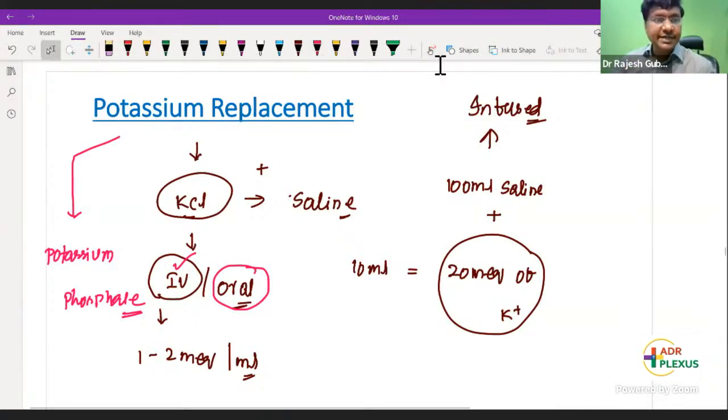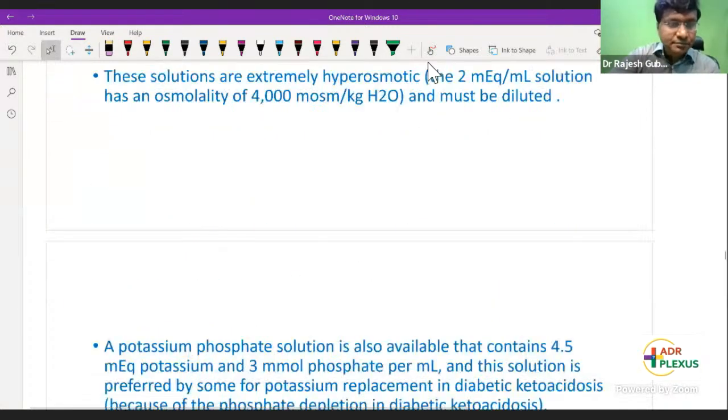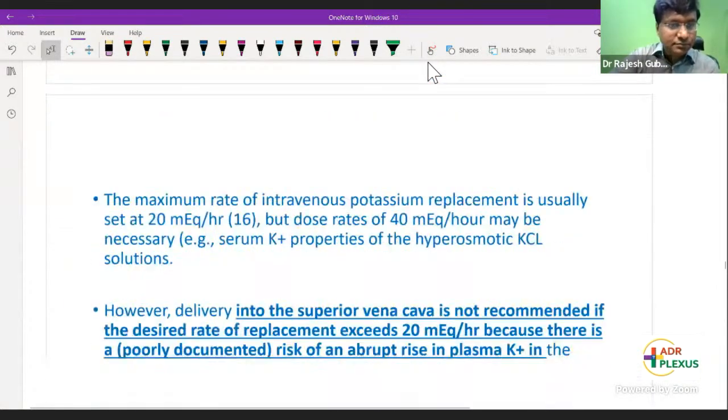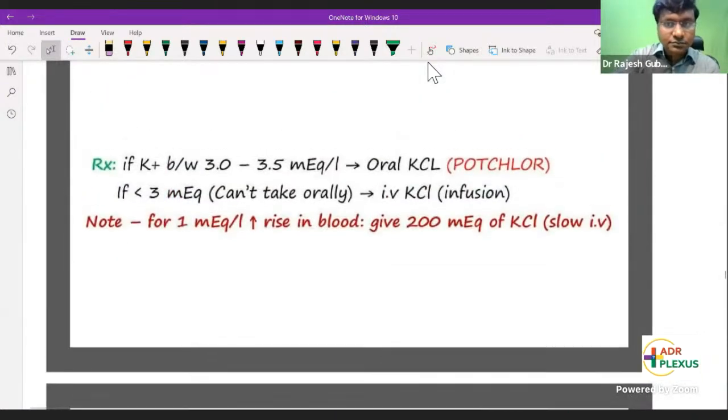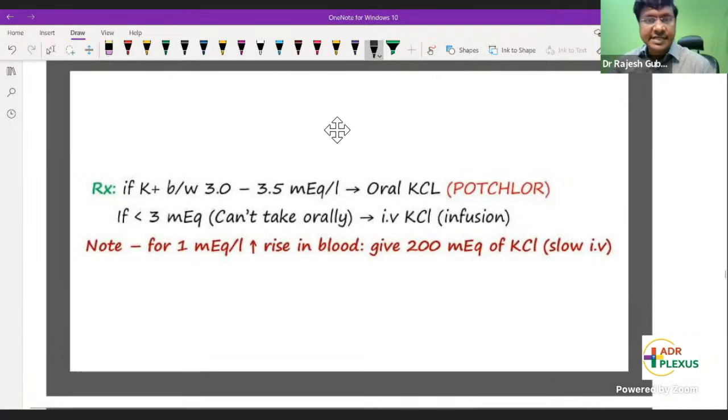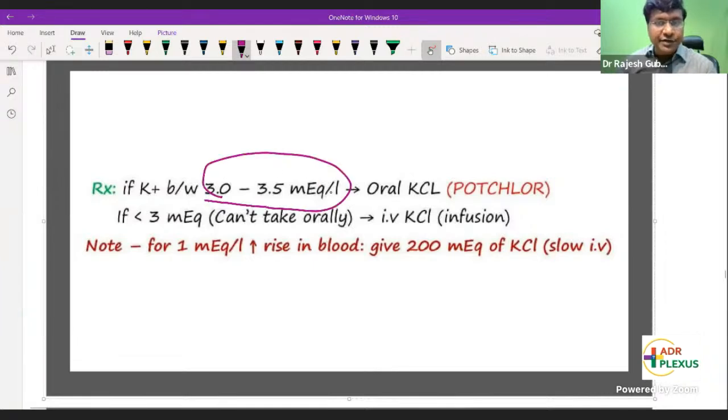Now, this is an important thing you need to know. If the potassium level is between 3 to 3.5, the oral formulation of potassium chloride should be given. When the level is less than 3, or when the individual is unable to take orally, then you need to give intravenous potassium chloride.